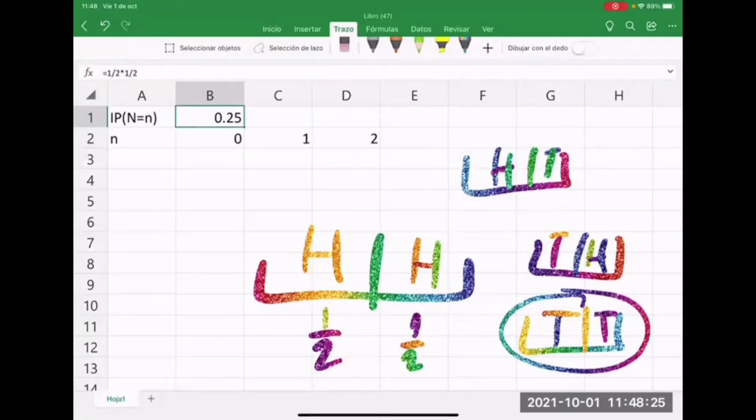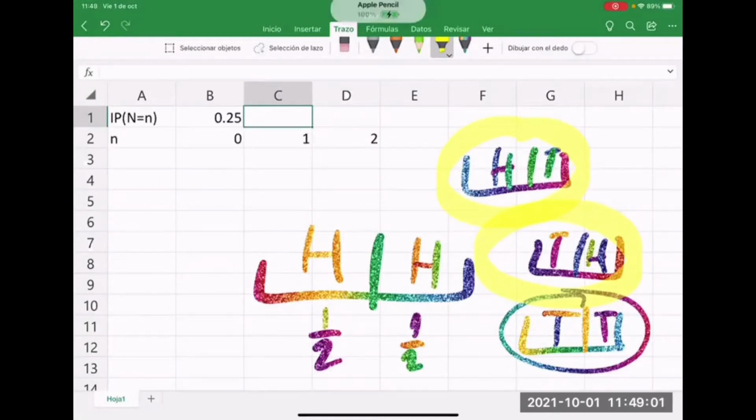So that's 1/4. Now, please tell me, what is the probability of getting exactly 1 head? We're talking about this event with 2 elementary events. So the probability of getting exactly 1 head is the probability of getting this particular outcome, and this one also.